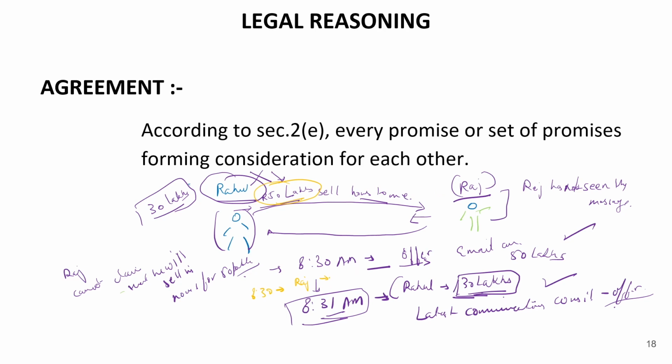But at 8:31 a.m. he says that I want to purchase a house for about 30 lakh rupees. So now it is Raj who has to decide whether he wants to sell his house for 30 lakhs or not. And if he says to Rahul that no, I don't want to sell my house, the offer will be rejected and the agreement will not be there.